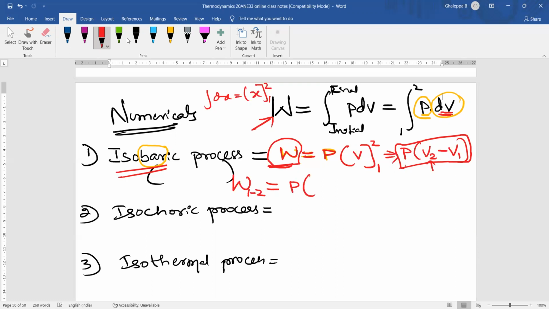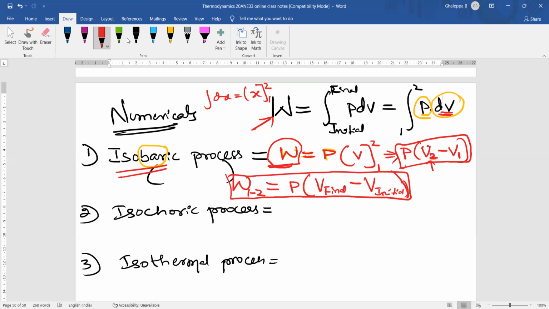Point number 2 is initial or final? Final, sir. So volume at the final point minus point number 1, which is initial, so volume at the initial point. This is the formula.